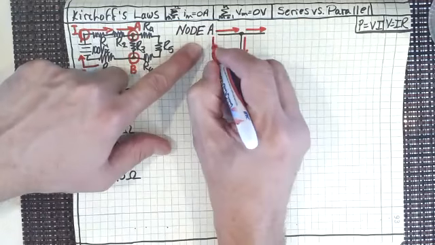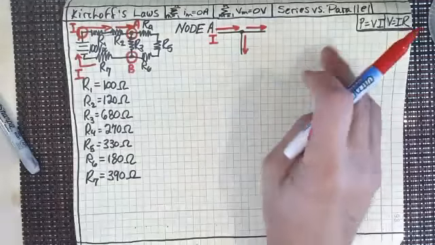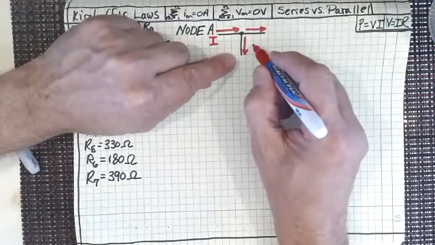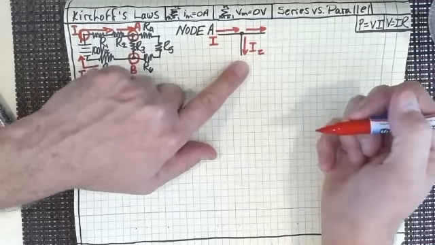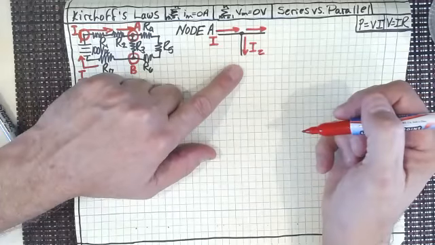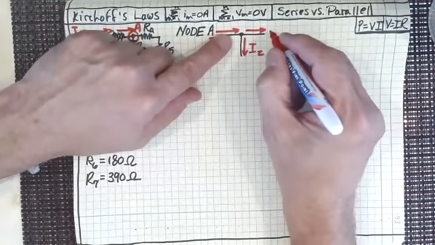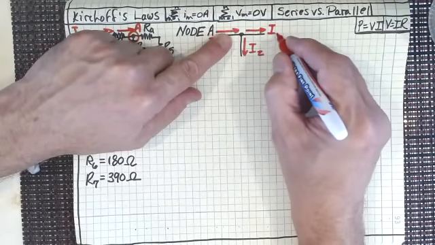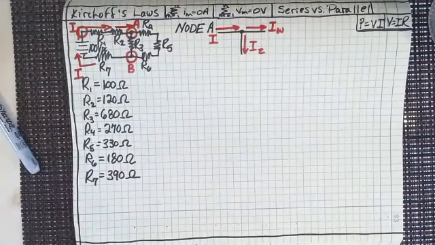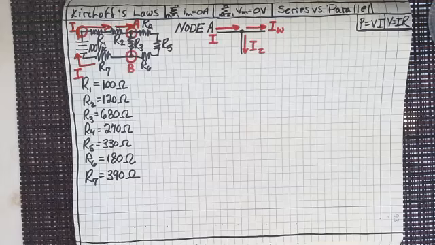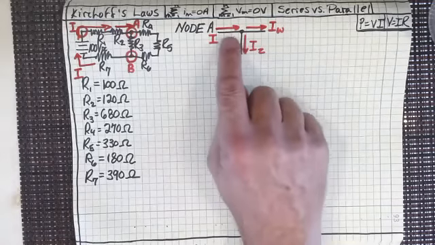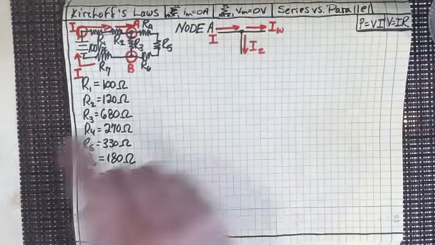Now, if we say that the current flowing into node A is I, then let's say that the current flowing out of node A this way is going to be I sub Z. And I'm going to call this I sub W. Because we can neither create nor destroy current, since current is just charge flow, we have to have the same amount of current coming out as we've got going in.